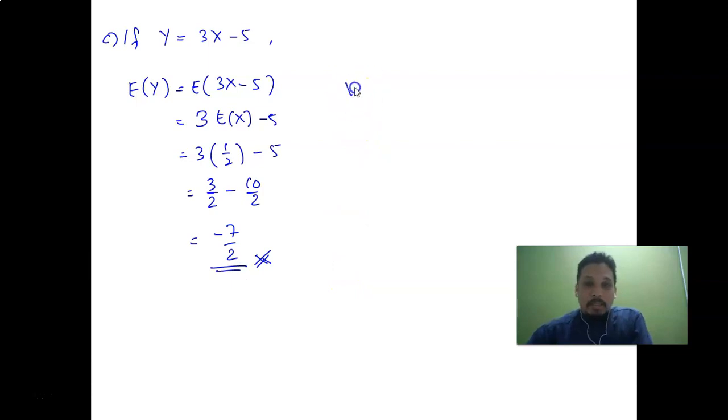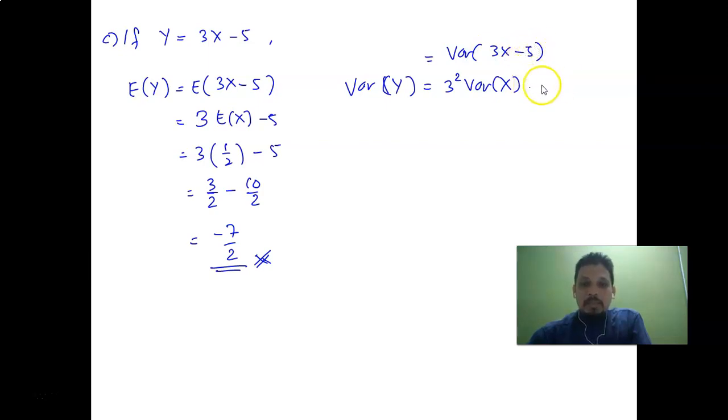So then the variance of y. So the variance of the function here, y equal to 3x minus 5, equal to 3 squared times the variance of x. Okay, actually that is the variance of 3x minus 5. So 5, recall, nothing happens here.